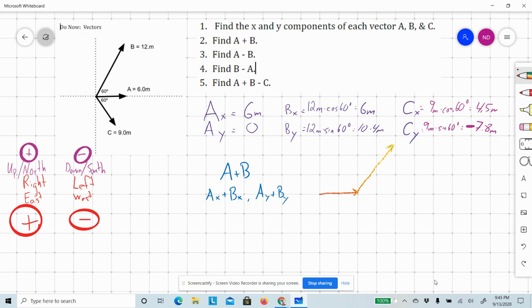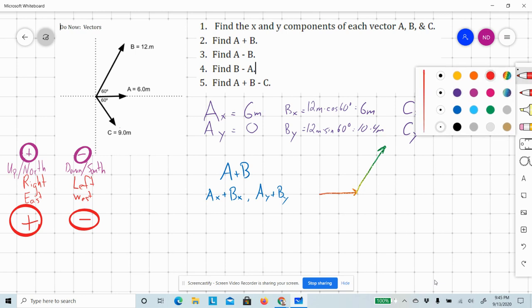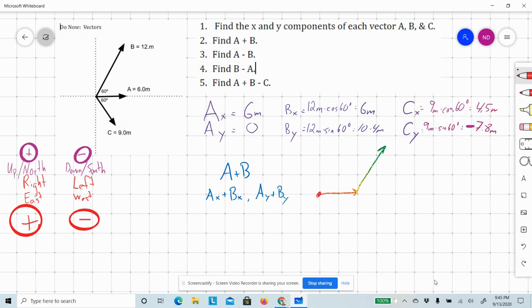Try to do it to scale. The resultant would be from where you started to where you finished. The answer is going to be some arrow like this.